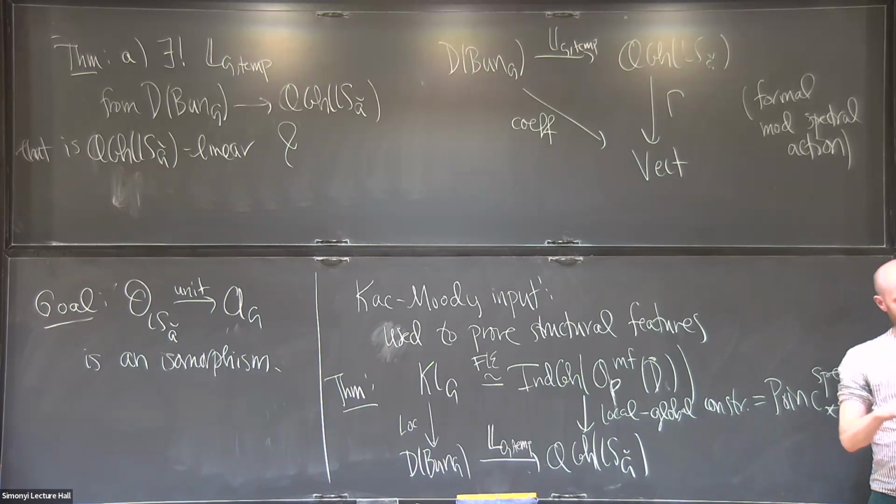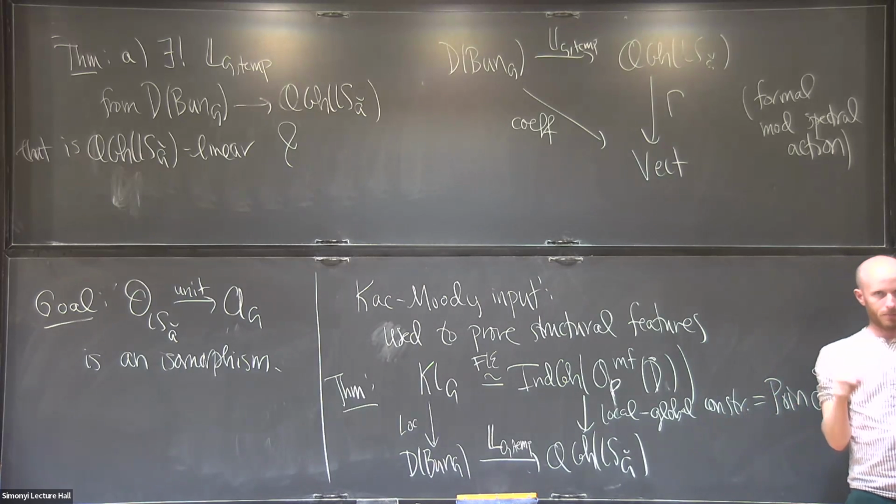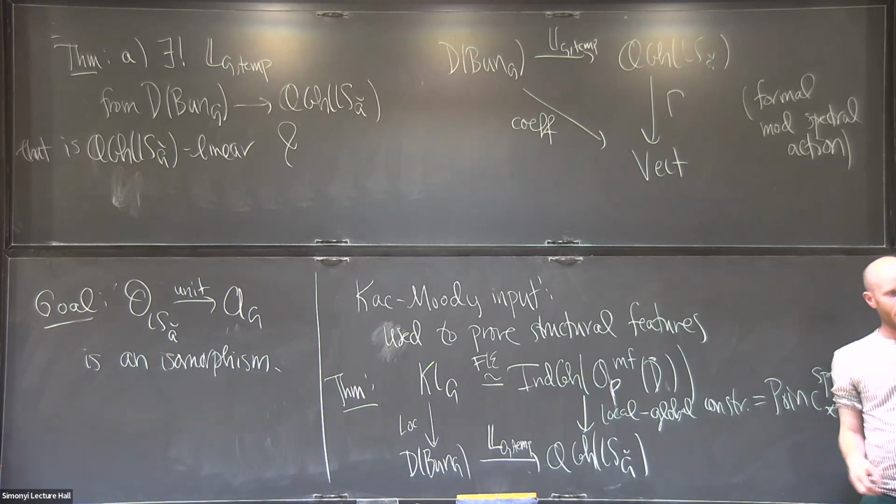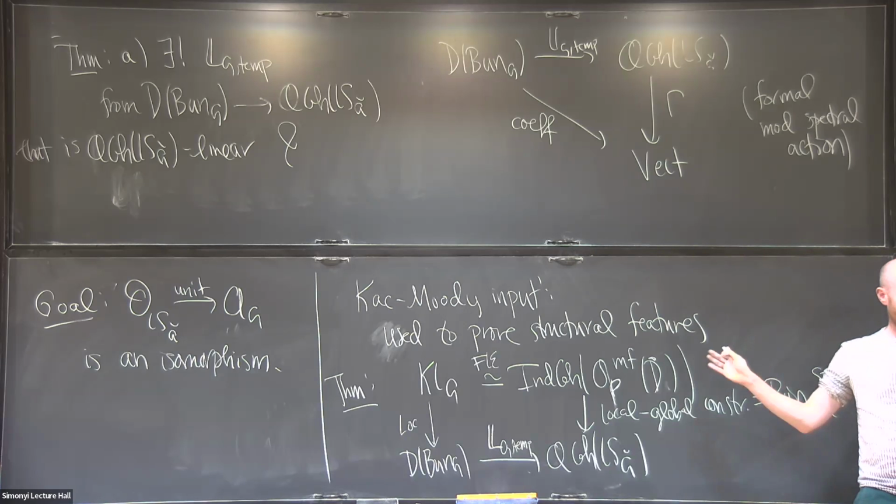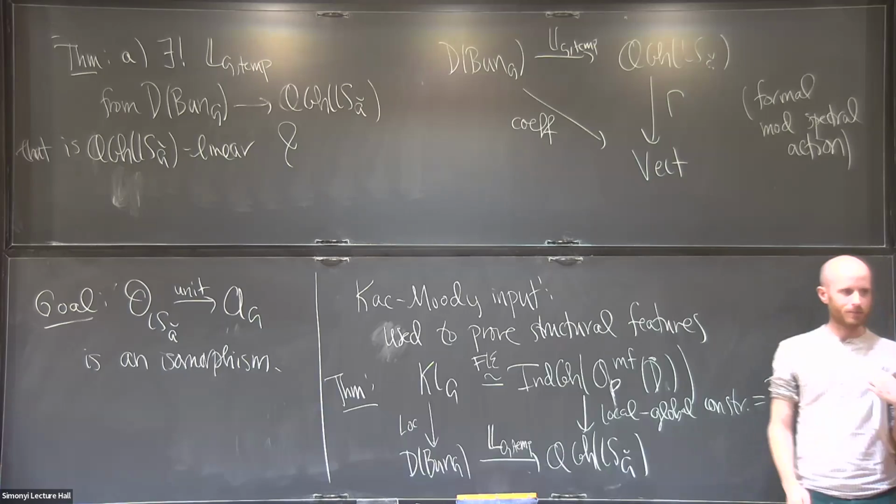The version at a point was known in 2005, 6, 7, due to Frenkel and Gaitsgory, and the upgraded version that allows moving points is a key part of a long paper that we've just put online. So it's one part of it. There are additional technical complications that come up, which are non-trivial to get over, but the categorical tools developed over the last 10 years let you handle this without too much additional difficulty.